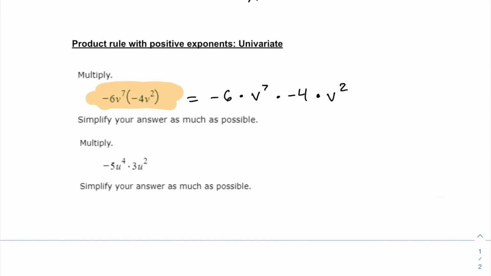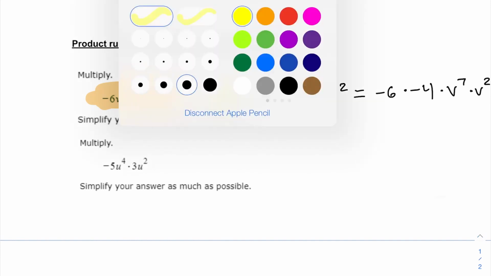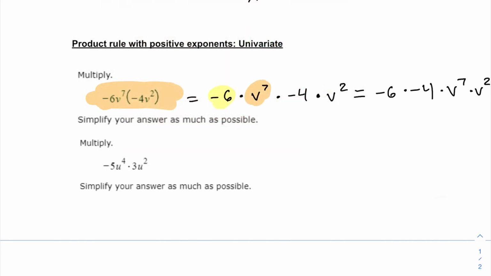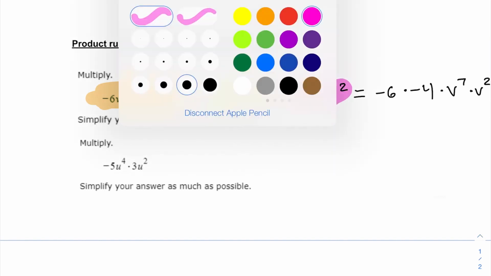The next thing I'm going to do is change it up a little bit more. I'm going to write it as -6 times -4 times v to the 7th times v to the 2nd. Now if you noticed, the -6 was first, the v to the 7th was second, then the -4, then the v to the 2nd.